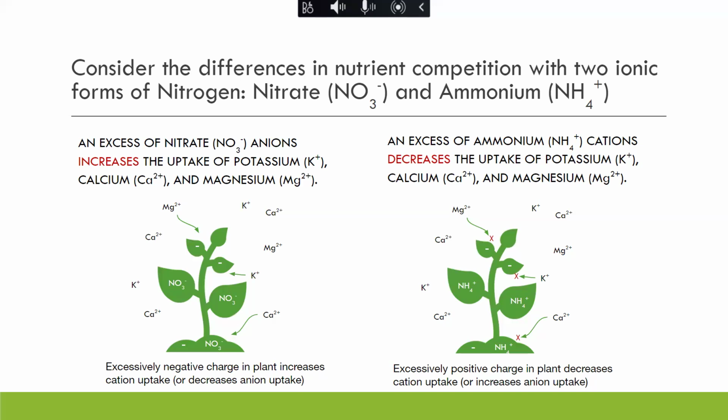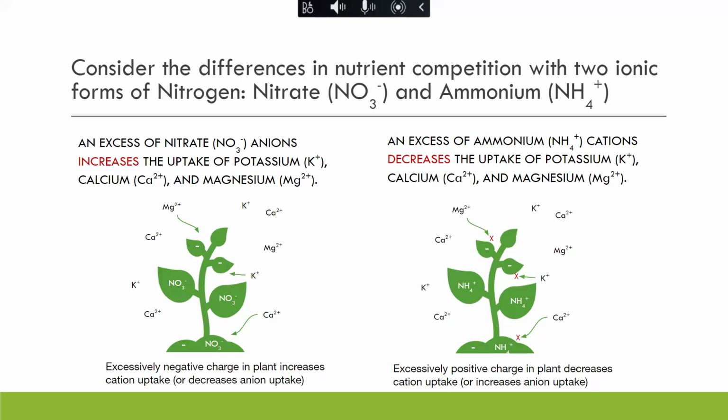If we had an excess of ammonium cations, that would actually decrease the uptake of those other positively charged cations like potassium, calcium, and magnesium, because an excessively positive charge in the plant is decreasing that cation uptake or increasing the anion uptake.